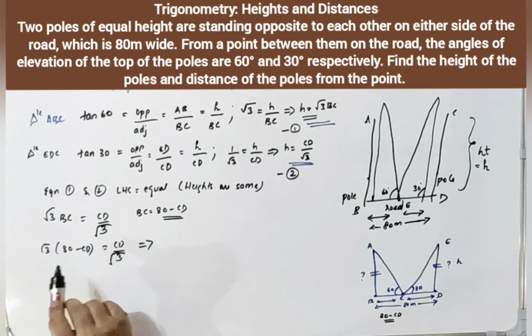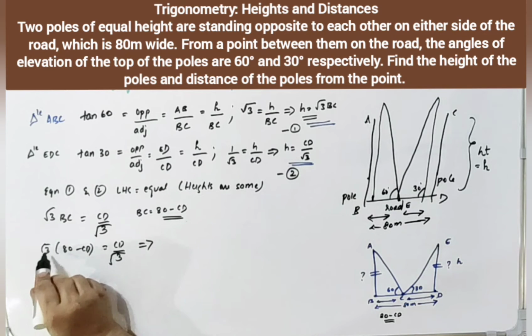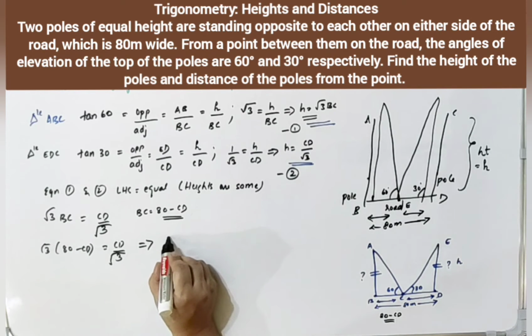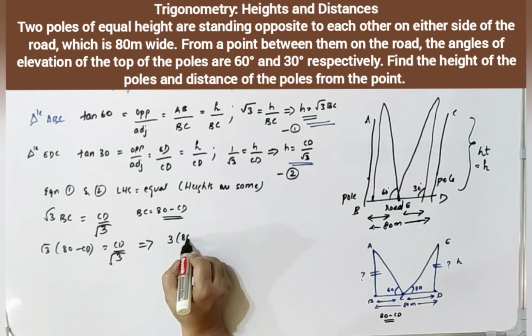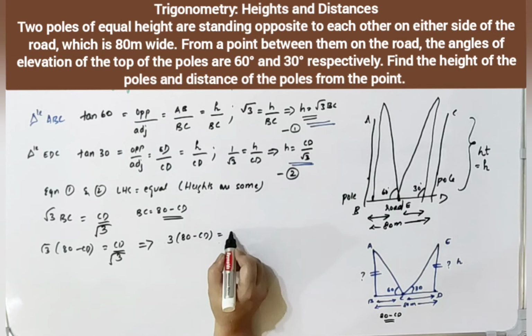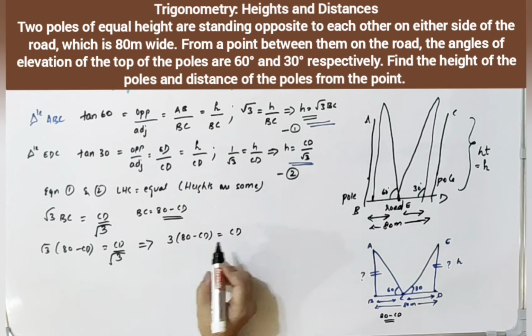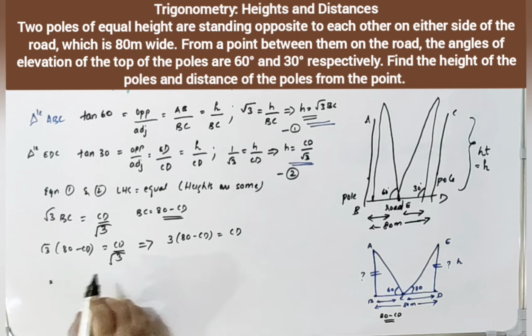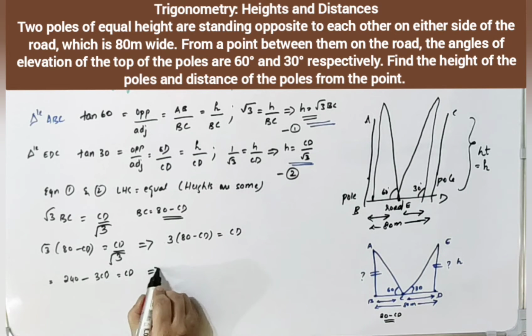So we'll take root 3 on the other side. Root 3 into root 3 will be 3. 3 into 80 minus CD is equal to CD. Now let's simplify this. We'll get 80 into 3 is 240 minus 3 CD is equal to CD. Let's get CD on the other side.